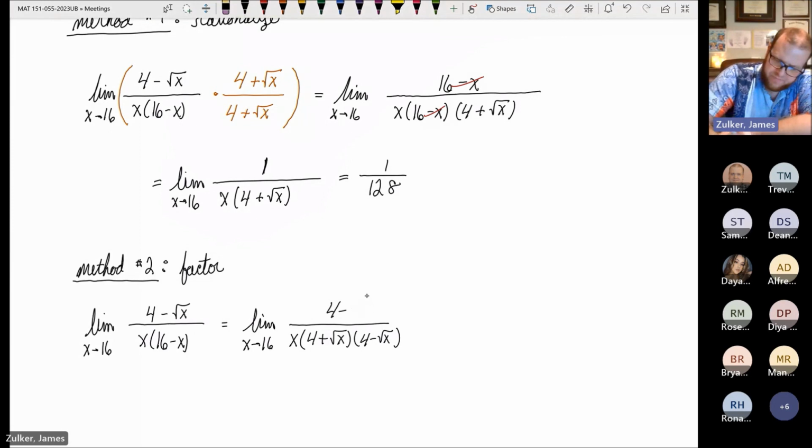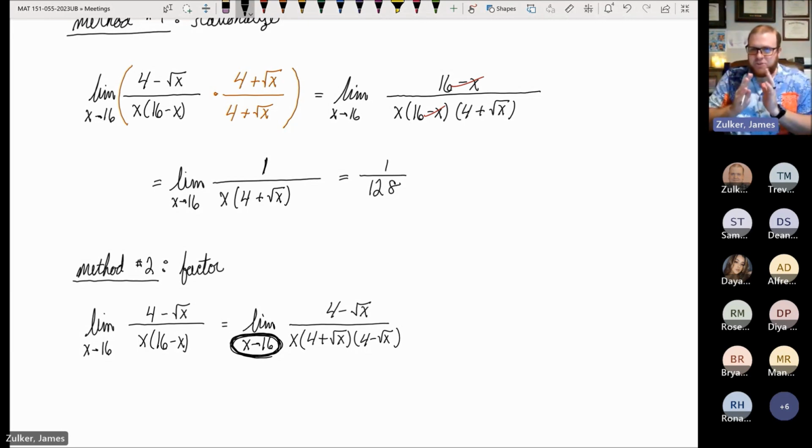Now, we can do this because look what x is approaching. It's approaching 16. Which means our values of x that we're concerned with are close to 16.